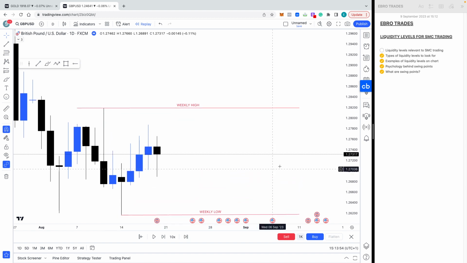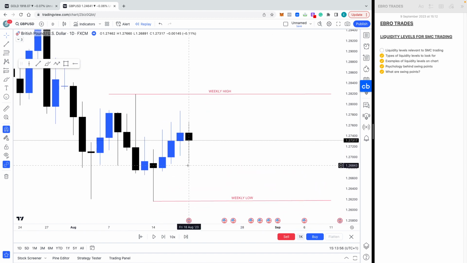I then switch over to the daily time frame and look for my daily high and daily low. Obviously, it's a Sunday today, but if we were in the middle of the week, we'd mark out the previous day high and the previous day low, as they also are magnets for price action. Price will tend towards these liquidity levels to look to fill orders.